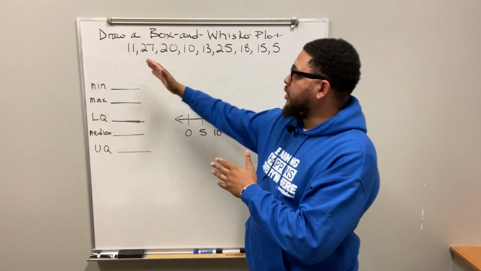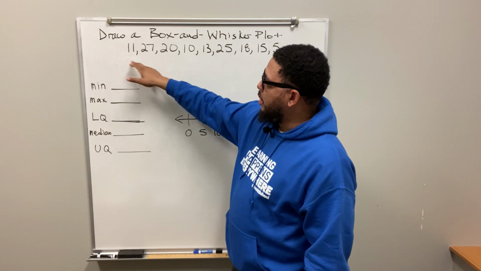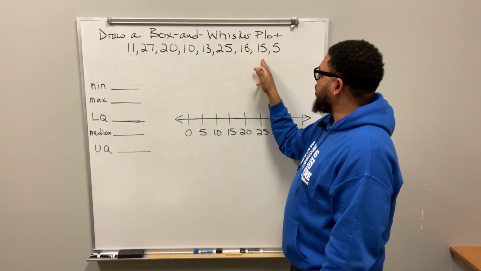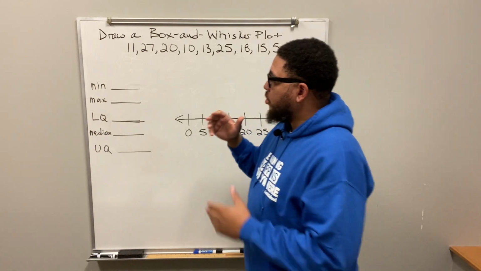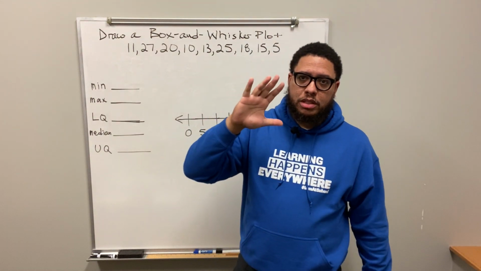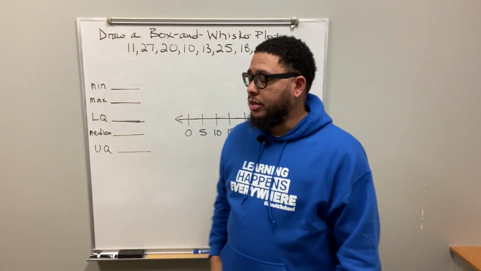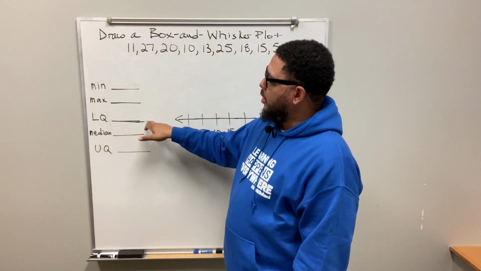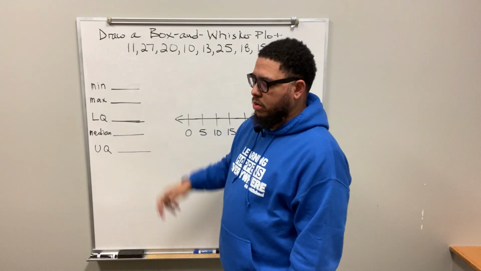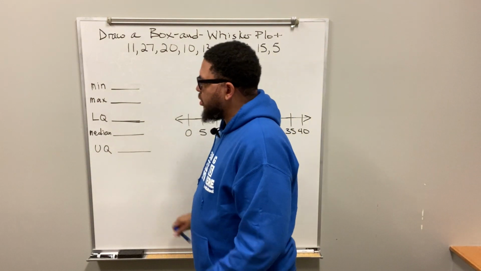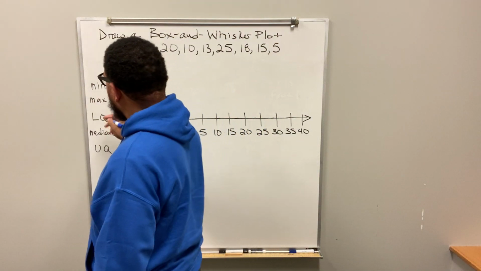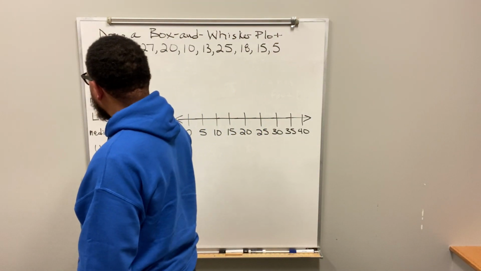When you have a data set like we have here, we have these numbers 11, 27, 20, 10, 13, 25, 18, 15, and 5. From that data set, you need 5 pieces of information. I call them the data points. You need the minimum, the maximum. LQ stands for lower quartile, and sometimes, depending on what textbook you're using, somebody might call this Q1.